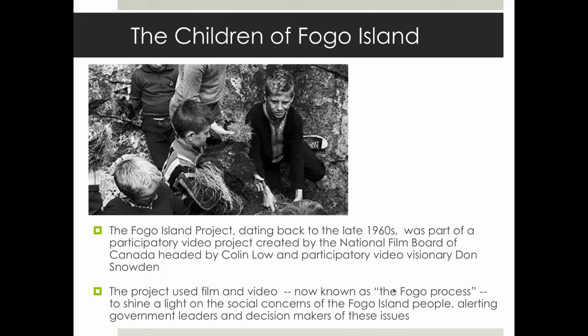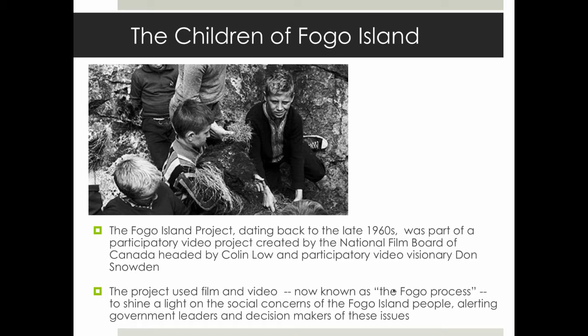We would be remiss if we did not make a comment about the National Film Board of Canada and their work in the late 1960s on Fogo Island, which was one of the first large-scale projects of thinking about how video could give a voice to community members.